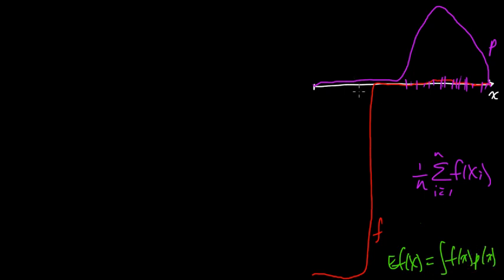Even though p is very small over here, it's still positive, and reasonably large enough that when you multiply it by this humongous f, most of the value of the integral is coming from this region and not over here. This region is not contributing much to the integral, and this region is contributing a lot.